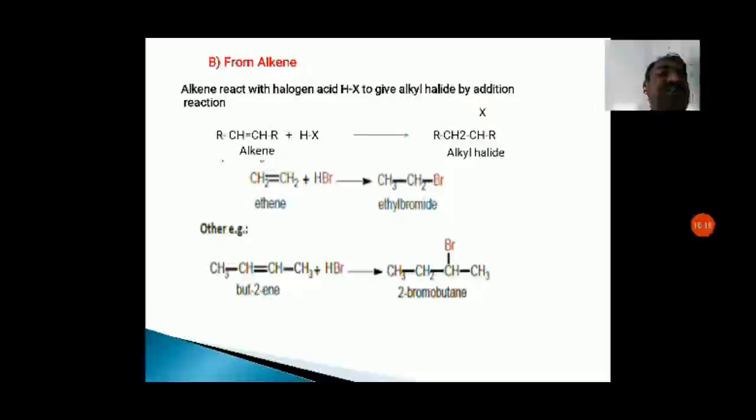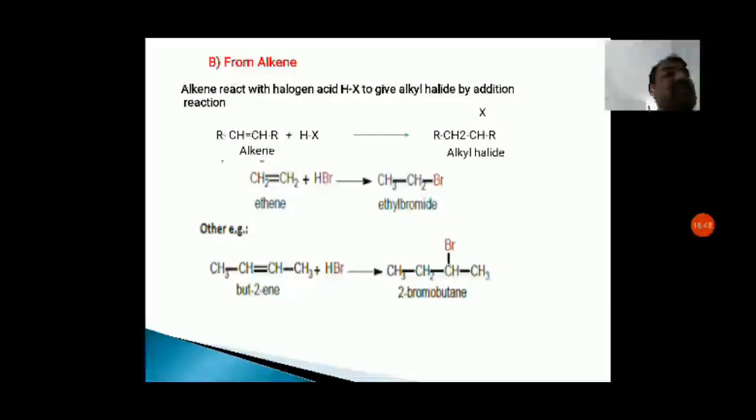Therefore on treatment with HBr we get the alkyl bromide here. When a symmetric alkene is treated with halogen acid like HBr or HI or HCl, then there will be a simple addition reaction. Hydrogen is attached to one of the carbon atoms and bromine is attached to the other carbon atom. So we'll get 2-bromobutane in this case.